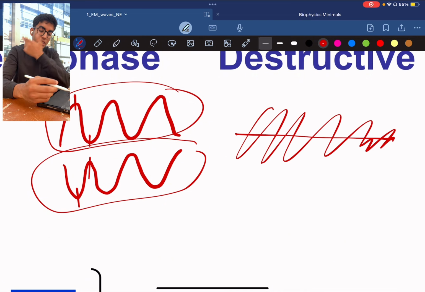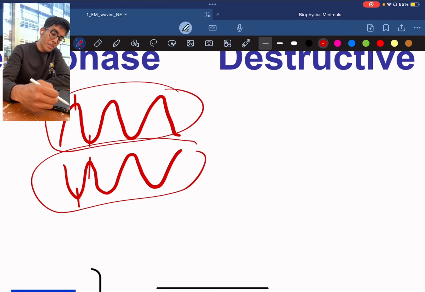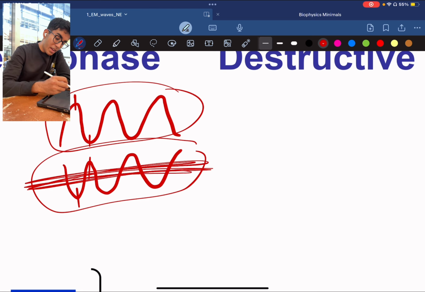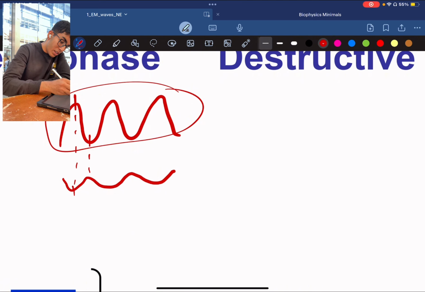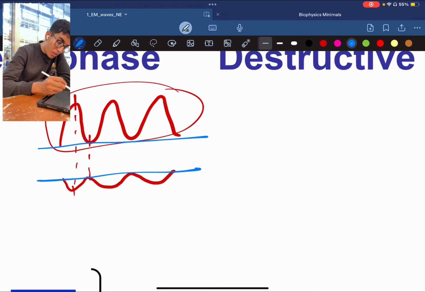Okay, but if, let's say, the amplitude of this wave, you can see that the crests are still lining up with the troughs. But the amplitude of this wave, let me take blue here, these waves over here, the amplitude of this wave is less than the amplitude of this wave.